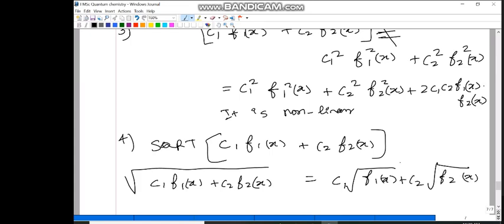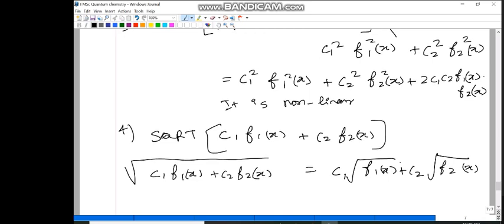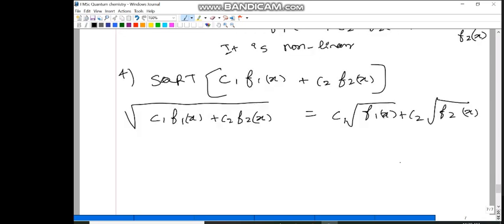Is it equal? Is there a chance of it being equal? Anyone? Definitely, if you take some small example you can see this will not be equal. You will see some example. It is non-linear. So finally we get some conclusion.